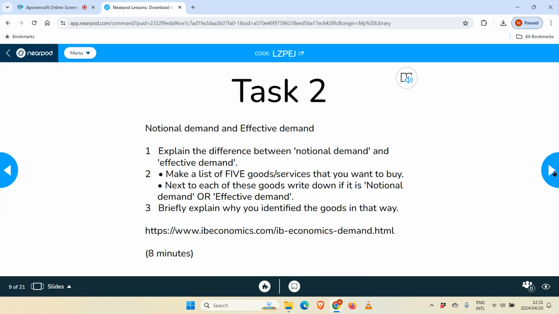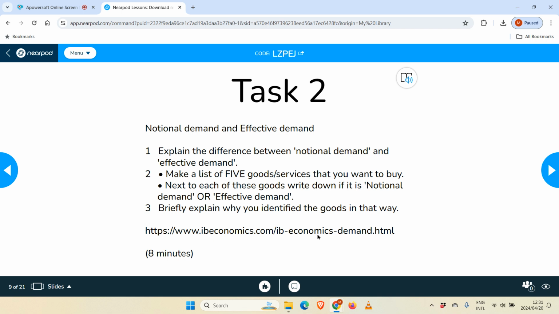Right, let's move on to our next task, where I want students to look at two terms: notional or ineffective demand, and effective demand. I want them to explain those two terms, to make a list of 5 goods or services that each student individually wants to buy, to indicate whether it's a notional or an effective demand for them, and then to explain why they've identified those as either notional or effective demand.